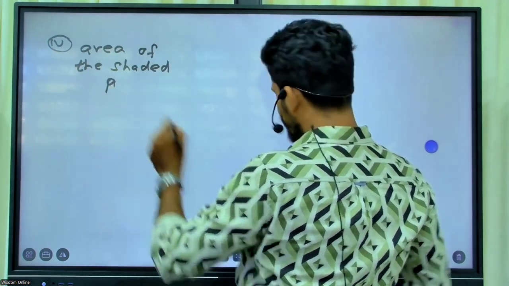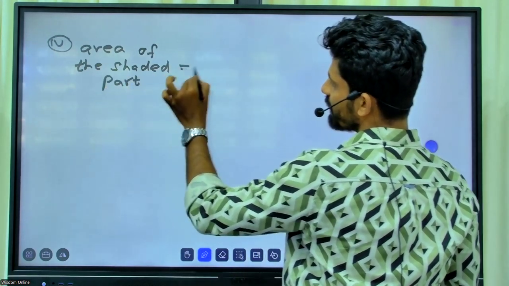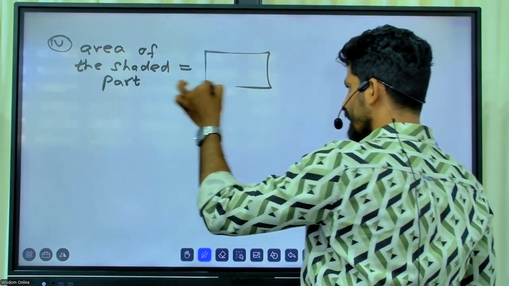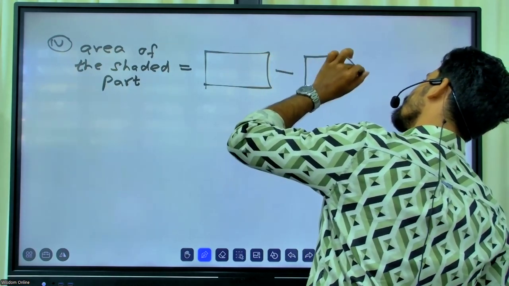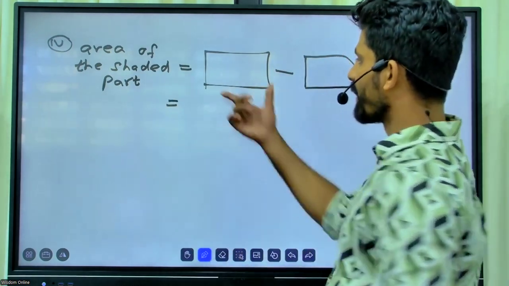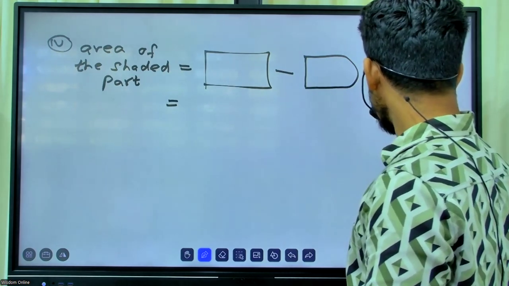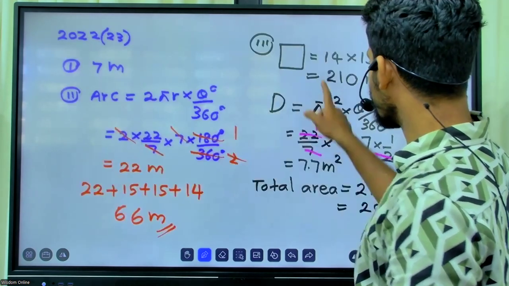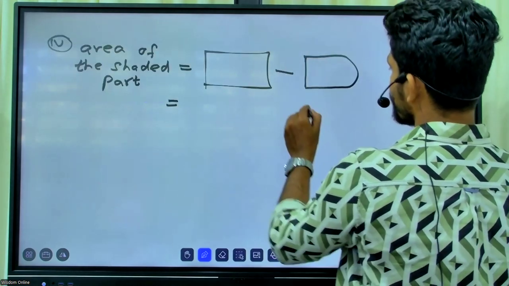The area of the shaded part means rectangle minus swimming pool. So what is the area of the swimming pool? 287.